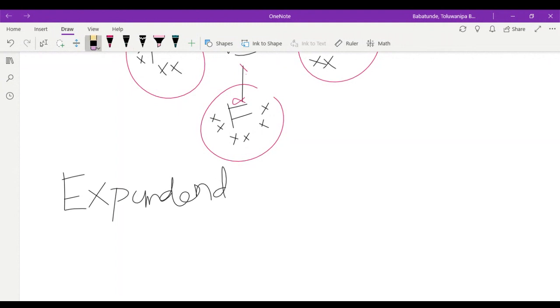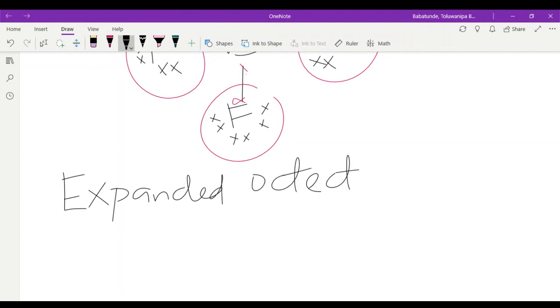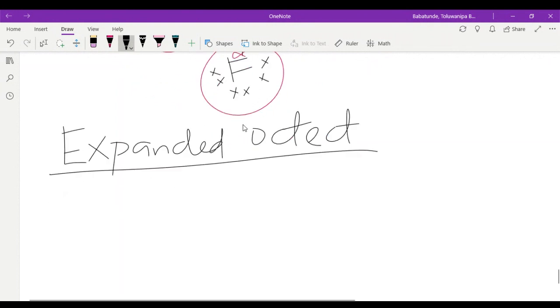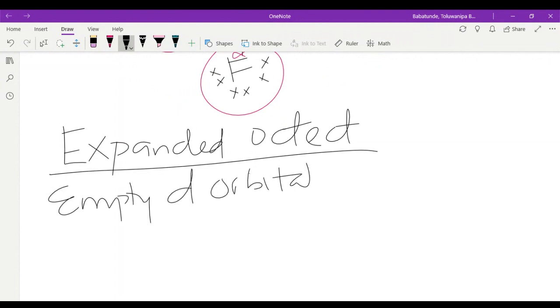Then the last exception that we have is expanded octets. For expanded octets, we say elements with empty d orbitals can have more than 8 electrons.